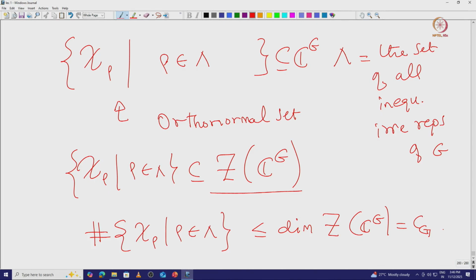One is that the number of inequivalent irreducible representations is finite, and that number is going to be at most the number of conjugacy classes of G. Indeed, later we will prove that the number of conjugacy classes is exactly equal to the number of inequivalent irreducible representations of G. For that we need a little bit more preparation, but that is something we will see in the future.